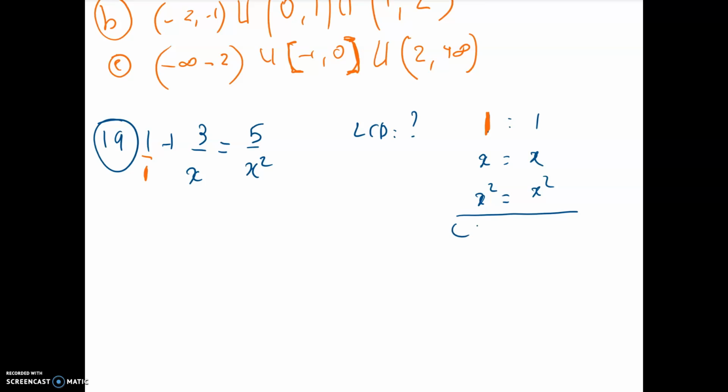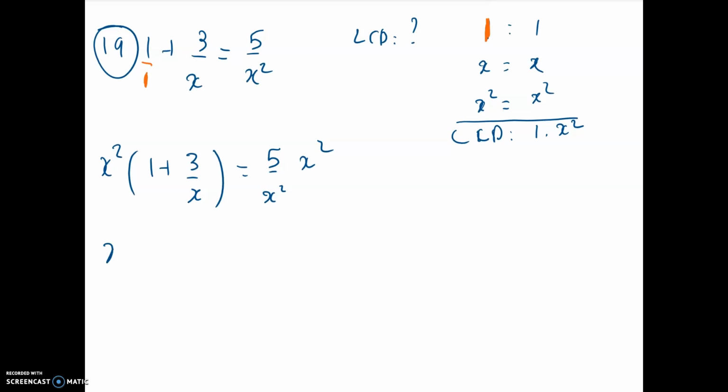And the LCD is the multiplication of each factor with the highest power. In that case, 1 multiplied by x squared. So therefore, I'm going to multiply both sides of my equation by x squared. And as a result of multiplying by the LCD both sides, we end up with x squared plus 3x equal 5, meaning that x squared plus 3x minus 5 equals 0.